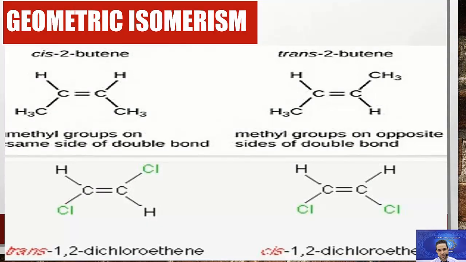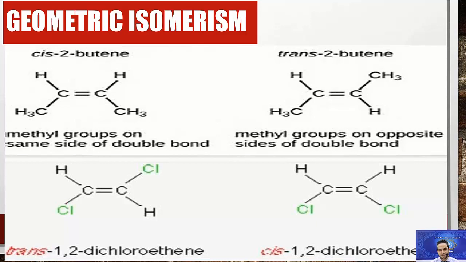Now we will move to geometric isomerism. Geometric isomerism, you have two types, cis and trans. They have the same molecular and structural formula. The difference is in the arrangement in space. If you arrange the groups on the same side of the double bond, this is called cis.